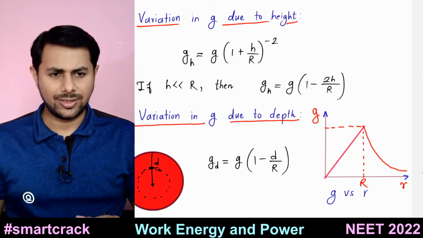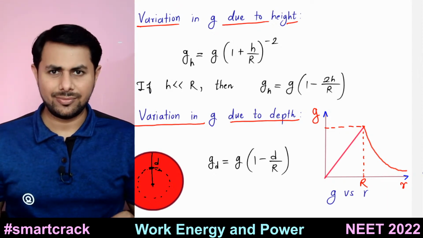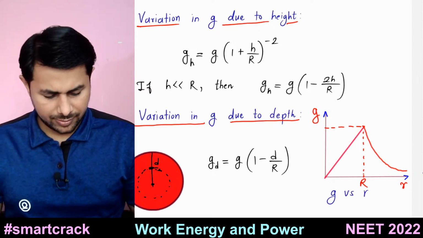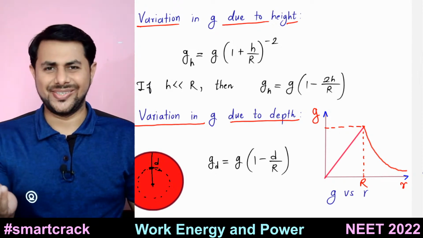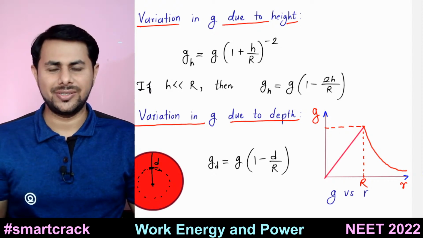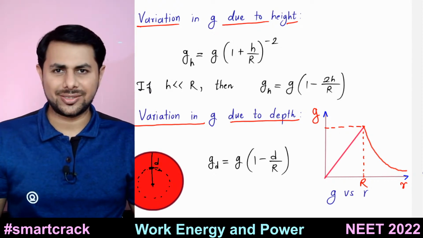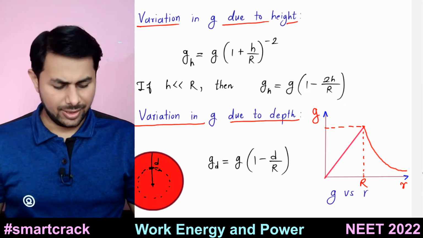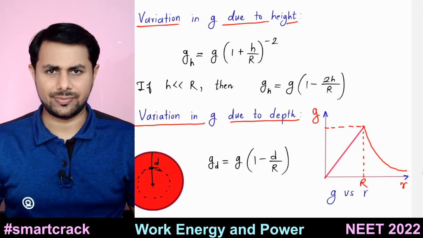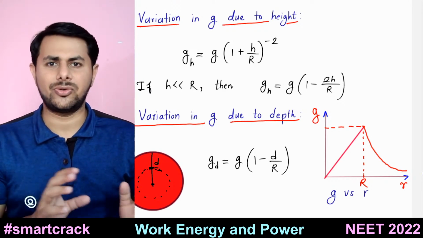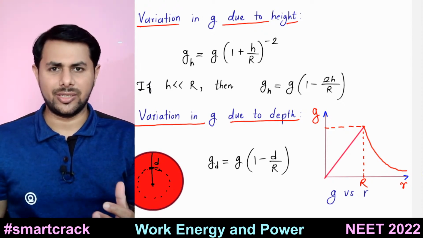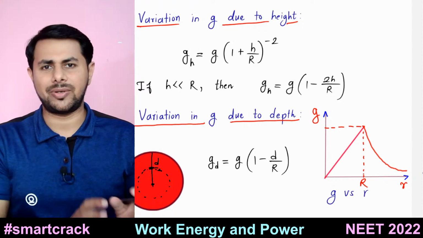See, Earth's radius is denoted by capital R. Whatever you throw from Earth's surface will reach some height, 1 meter, 2 meters, 5 meters, etc. The radius of Earth is 6,400 kilometers. So even up to 32 kilometers or something, h is very small compared to R.